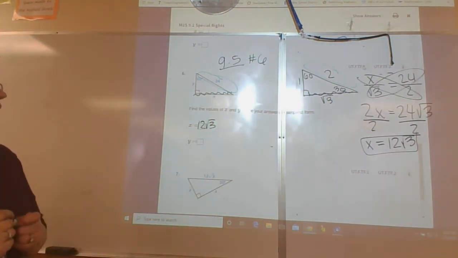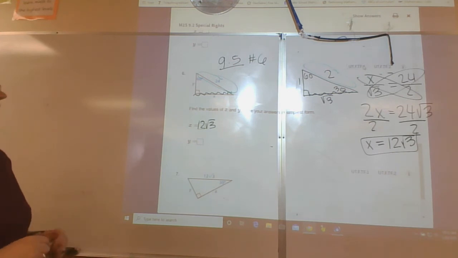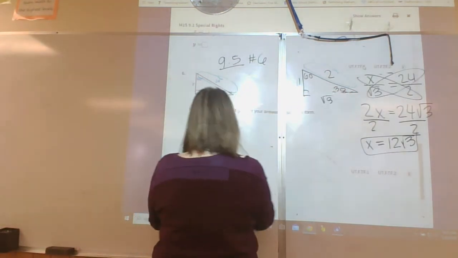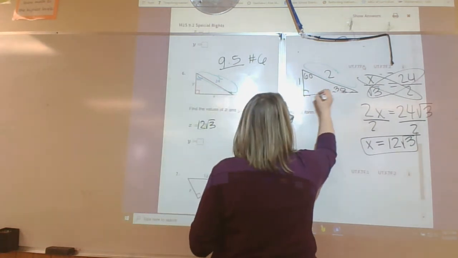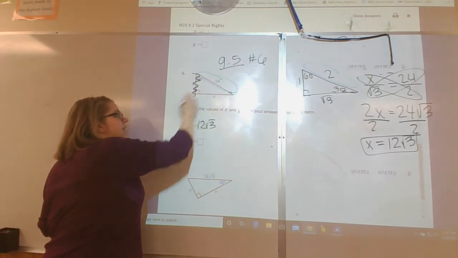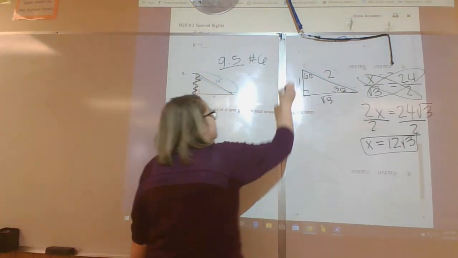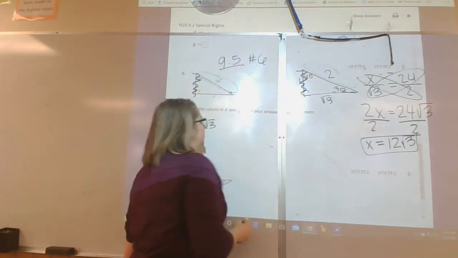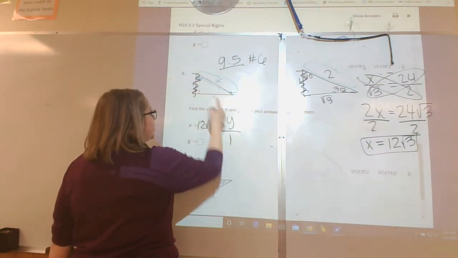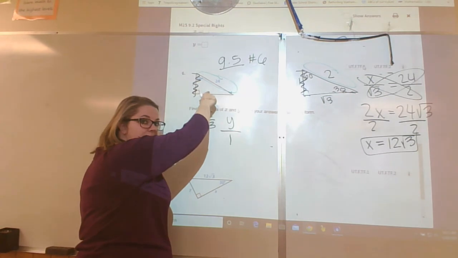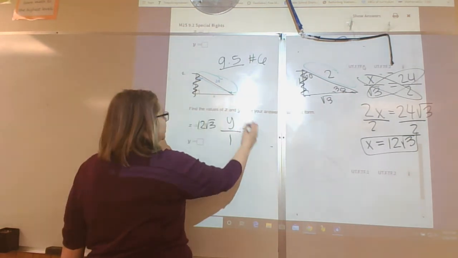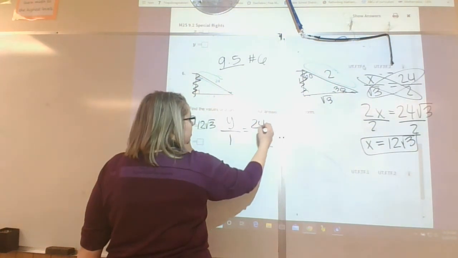Okay, now I'm going to do the same for y. So my y side here goes with my 1 over here. So I have y over 1. Now again, I started on this triangle, so I have to start on this triangle again. Y over 1 equals 24 over 2.